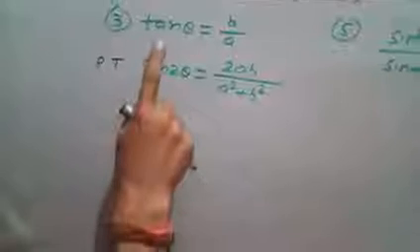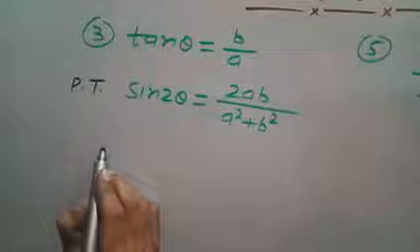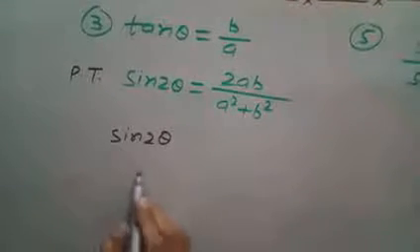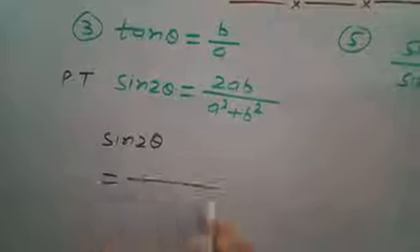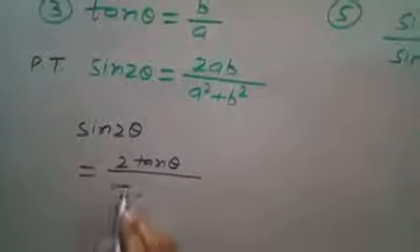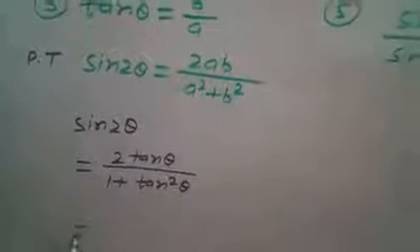In the third sum, it is given tan theta is equal to b by a, and we have to prove that sin 2 theta is equal to 2ab upon a square plus b square. So as we know, sin 2 theta equals 2 tan theta upon 1 plus tan square theta.